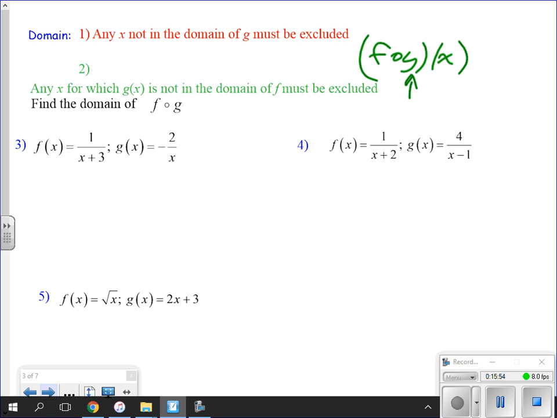Okay, so what does this mean for what we are doing here? I want to find the domain of f composed of g. So the first thing, because it's f composed of g, I need to look at g first. Are there any domain restrictions for g of x in that first set? 0. X cannot be 0.